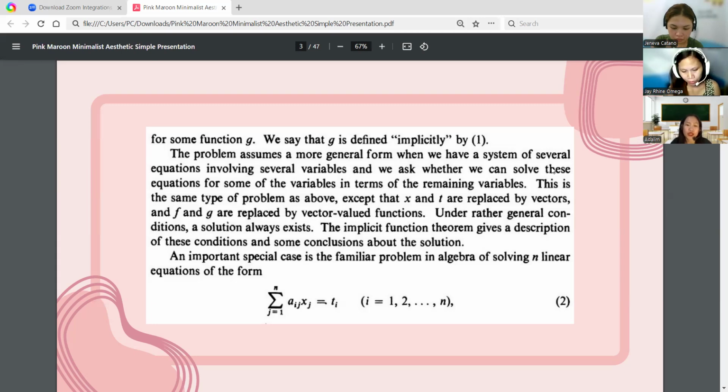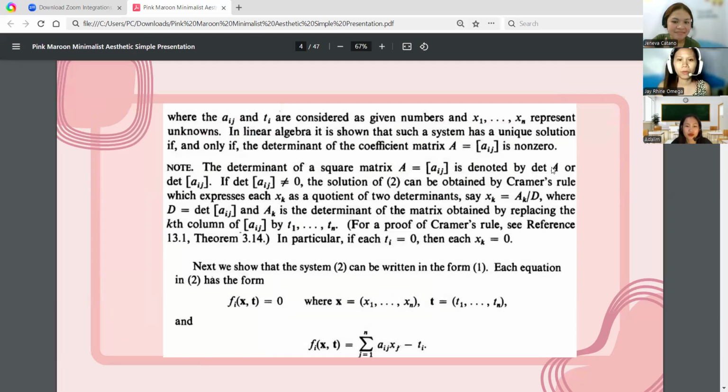An important special case is the familiar problem in algebra of solving n linear equations of the form sum over j equals 1 to n of a_ij x_j equals t_i, for i equals 1 to n, where the a_ij and t_i are considered as given numbers and x_1 to x_n represent unknowns.